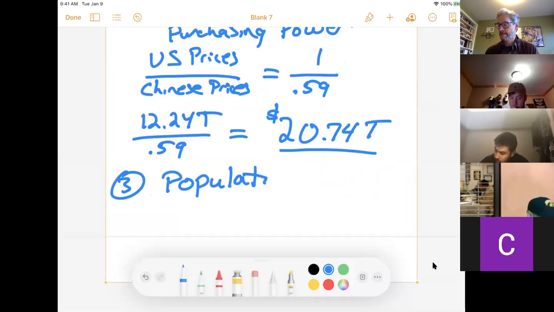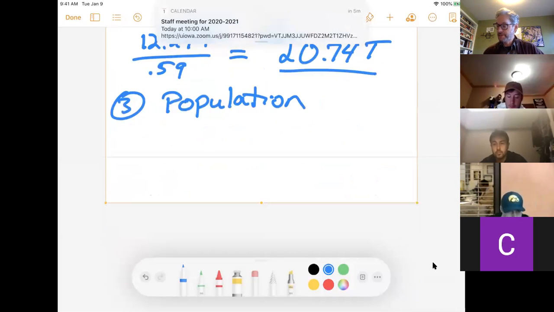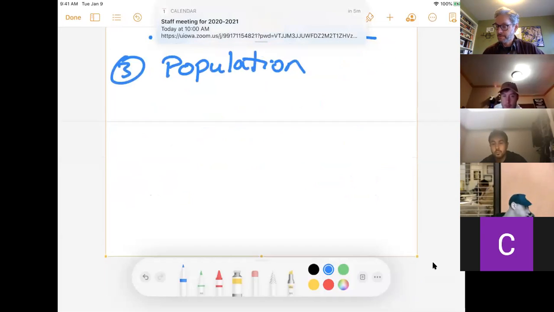Population, right? It's one thing to say the size of the Chinese economy is bigger, but of course, China has about 4 times as many people as the United States does. And so we really need to think about per capita GDP in both of these countries.